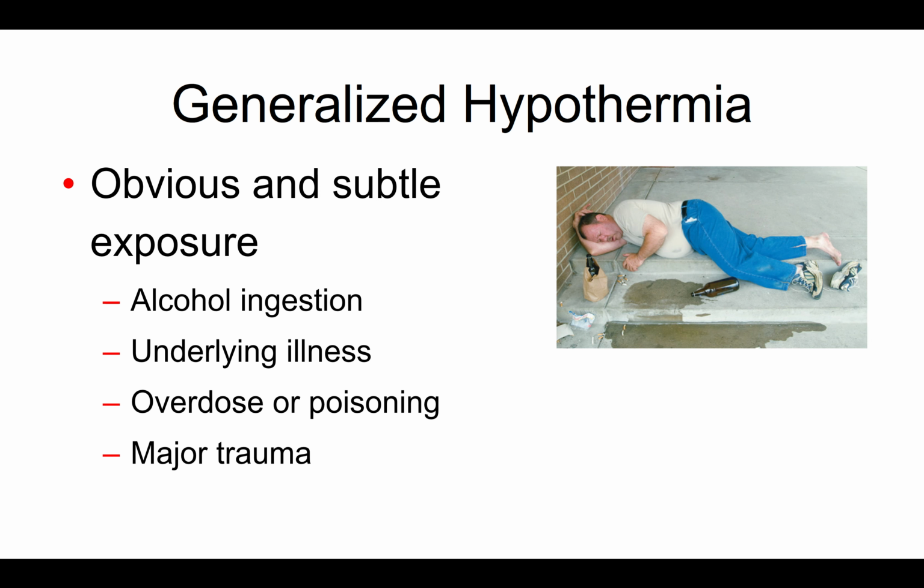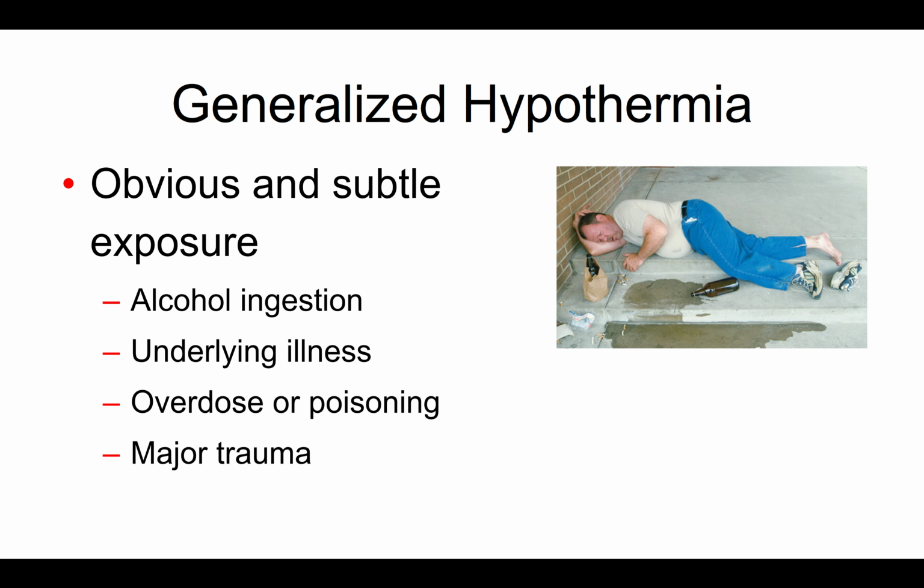It's not always clear whether a patient is suffering from hypothermia or some other associated illness or disease process, and whether or not the symptoms they're presenting are due to the hypothermia or due to other things, such as alcohol ingestion, some other underlying illness, possibly strokes, seizures, overdoses or poisonings, and major traumas.